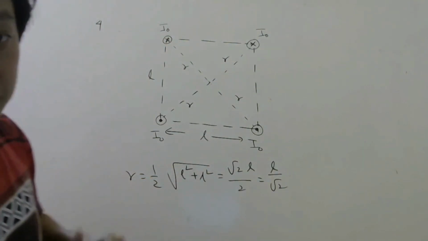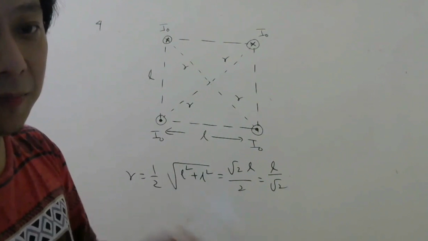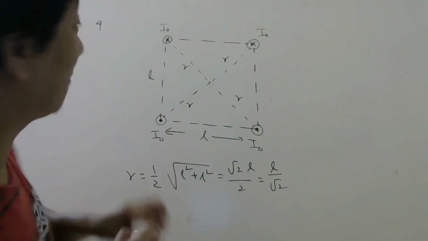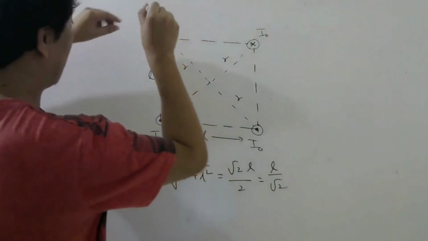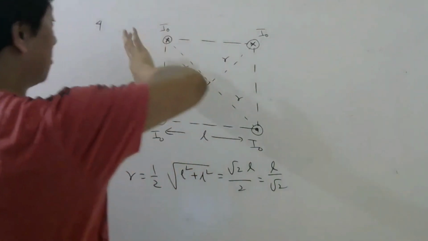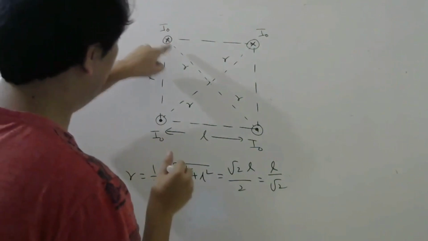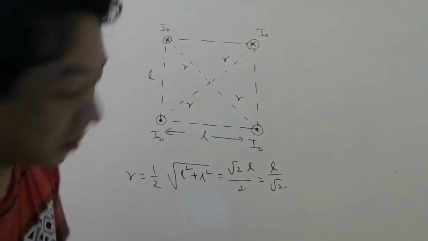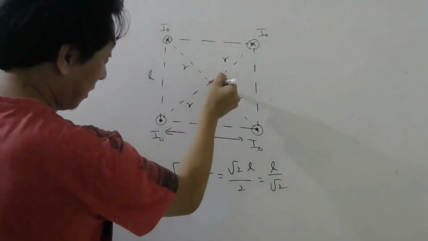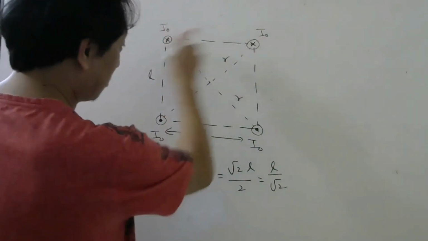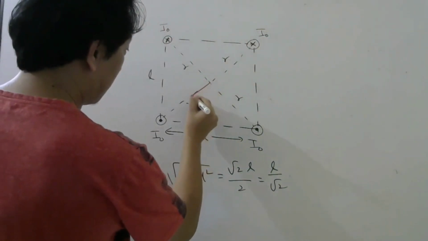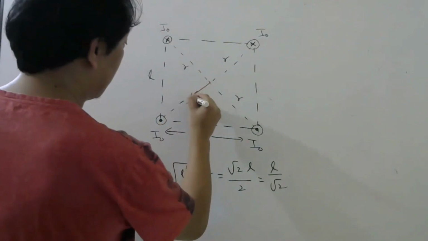Now before we think of adding the magnetic fields, we have to check the direction. This is a cross, so current is going inside. So the magnetic field will be like this. And how to draw the direction? I told you, first draw the radius and then draw the perpendicular. Since this is a square, this itself will be perpendicular to this line.